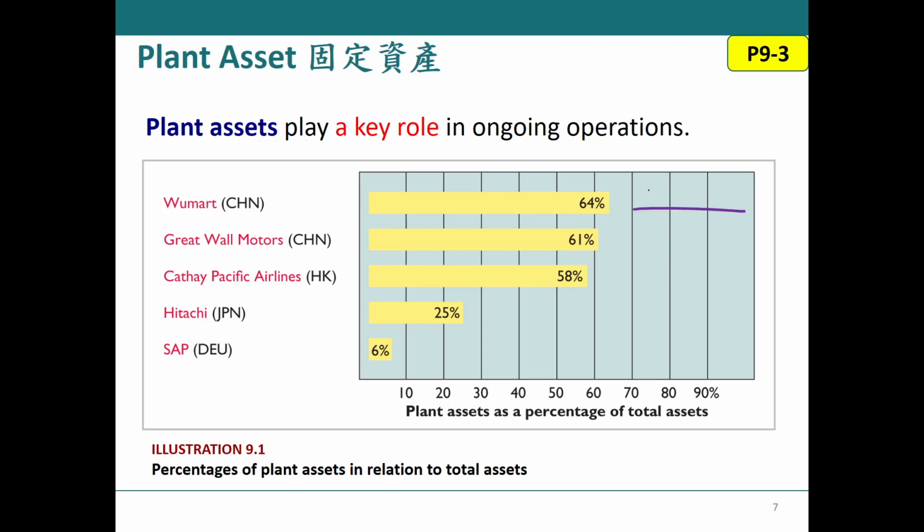This is plant assets divided by total assets. So higher percentage means what? They have more plant assets, like more buildings, more land, more equipment, more cars, and so on. Lower percentage means their assets majorly came from other kinds of assets, not plant assets.